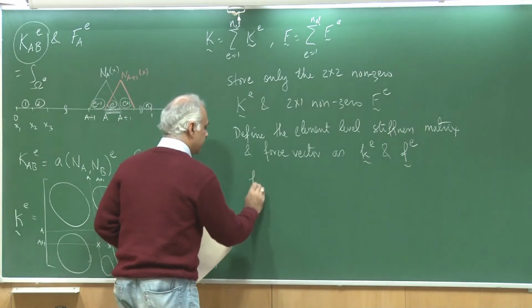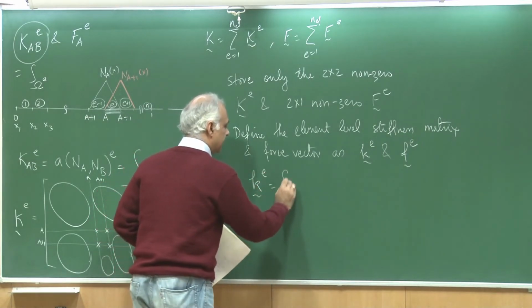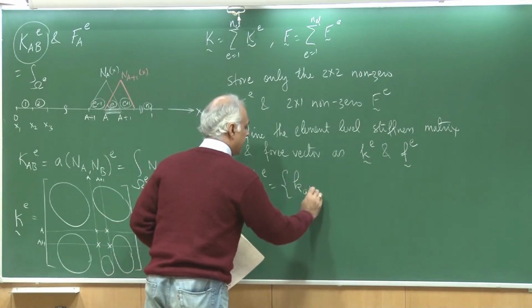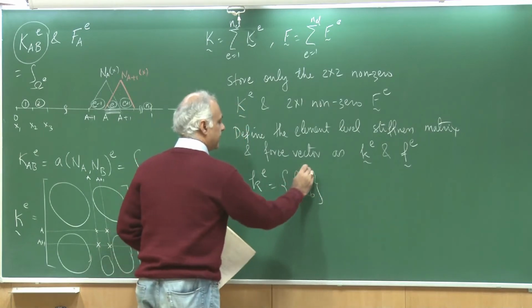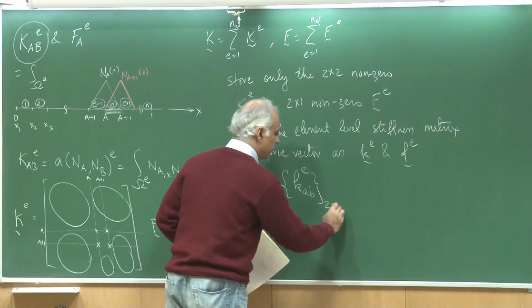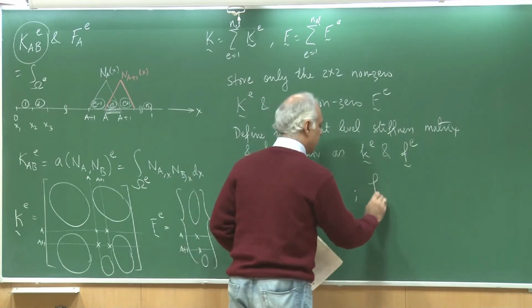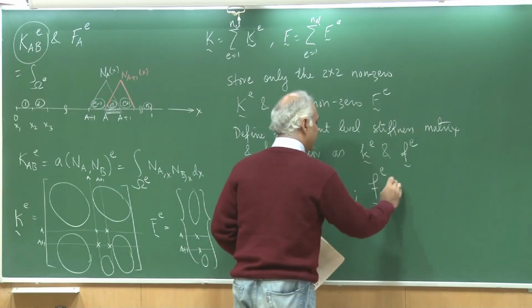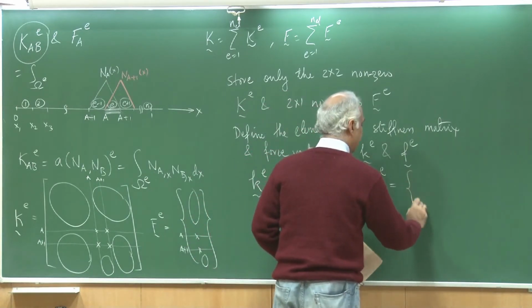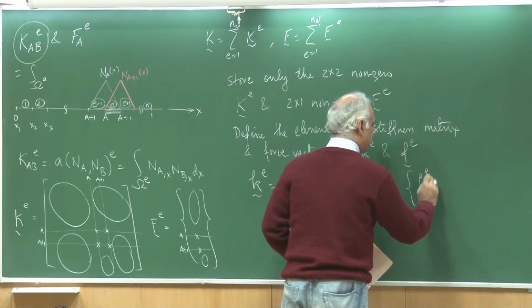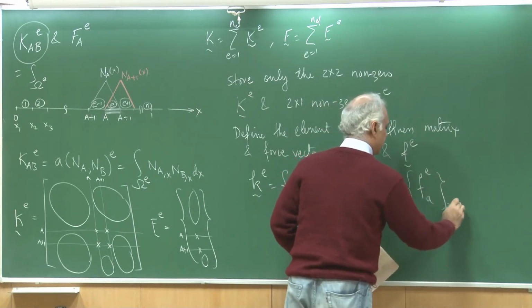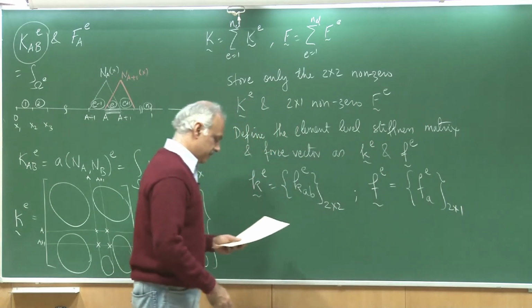So, Ke has the elements Kab E, which is actually a 2 by 2 matrix, and similarly the Fe is defined as Fea, which is a 2 cross 1 value.